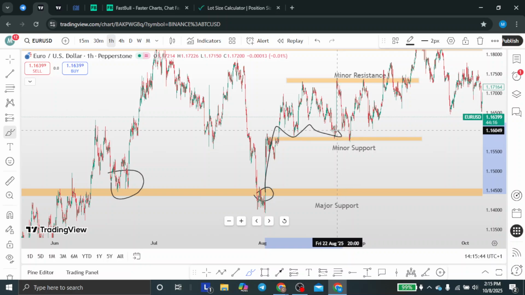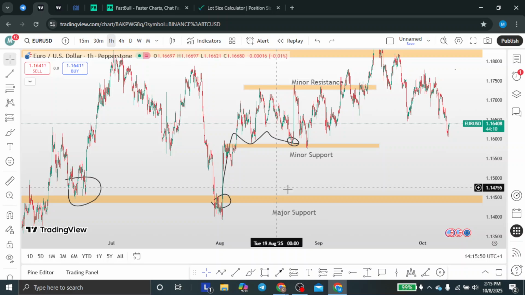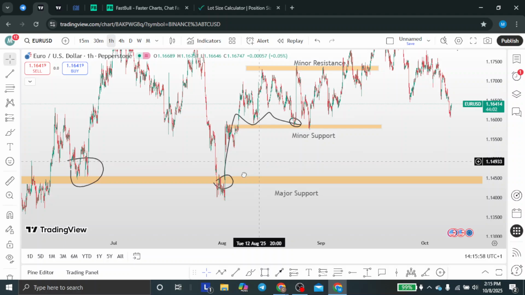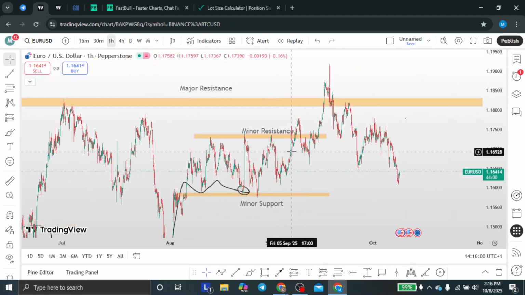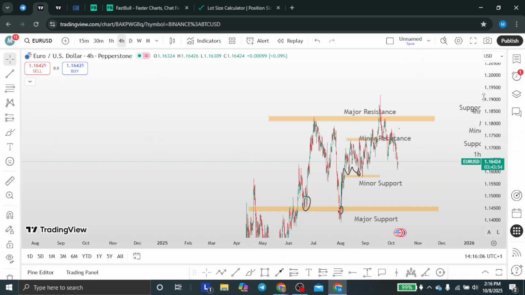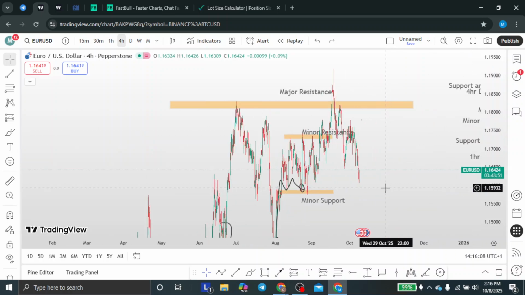Since our overall direction is buy, it will be a plus, a consideration for us to still consider buying from here, following the overall projection of where we are targeting. This is when we already identify our major zone.